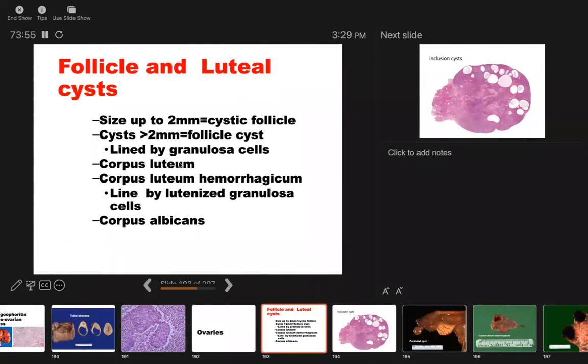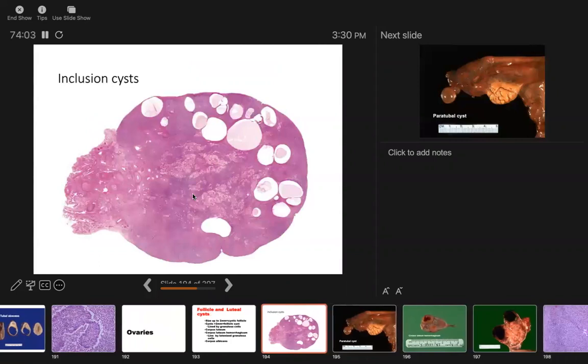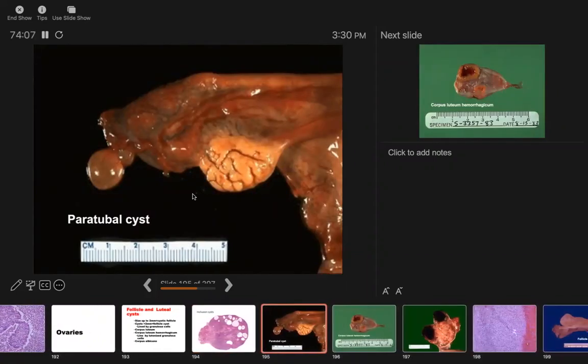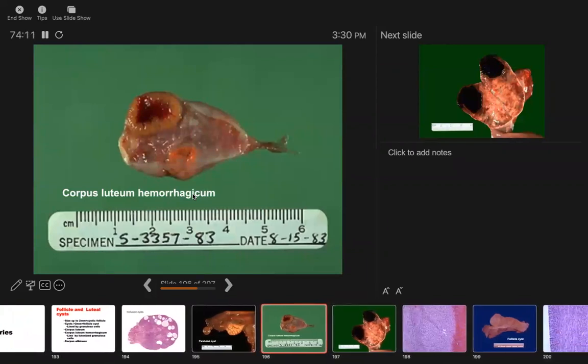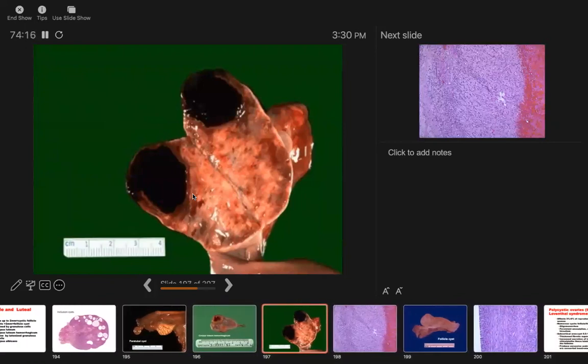You may also have what you call corpus luteal cyst or corpus luteum hemorrhagicum. These are examples of inclusion cyst. These are examples of paratubal cyst. This is an example of a corpus luteum hemorrhagicum. This is an example of an endometriotic cyst.